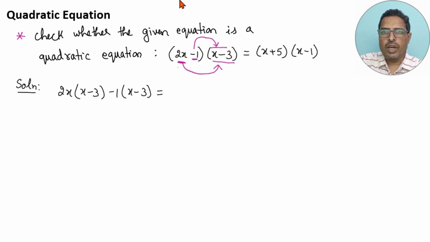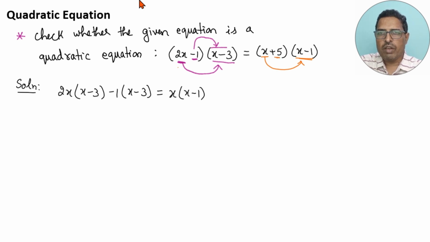In the same way, we will multiply this x with x minus 1, so x times (x minus 1). Then similarly, multiply this plus 5 with x minus 1, so we get plus 5 times (x minus 1).